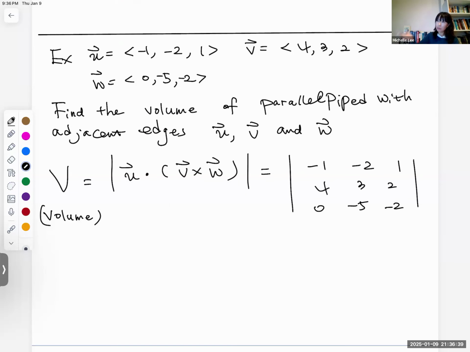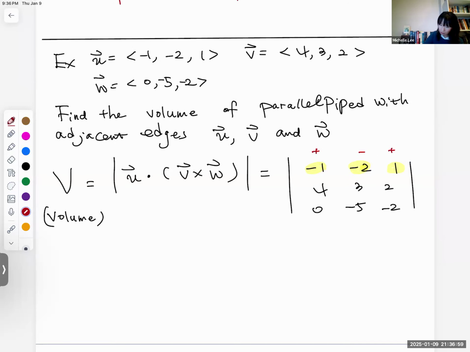Okay, so we factor out with those numbers. And plus, minus, plus, right? Okay, so we get -1 and -2, +1, right?